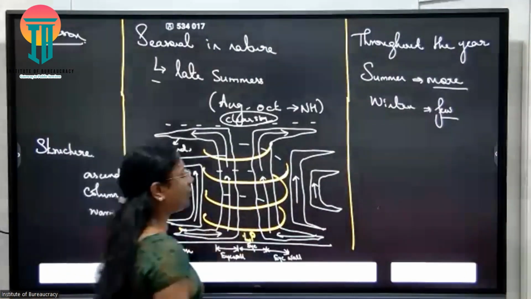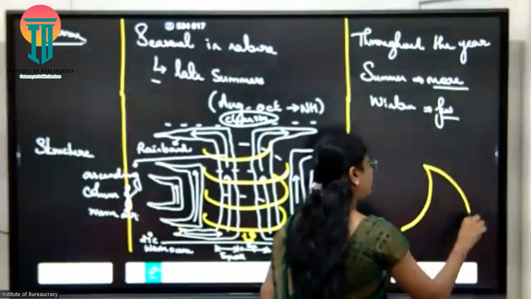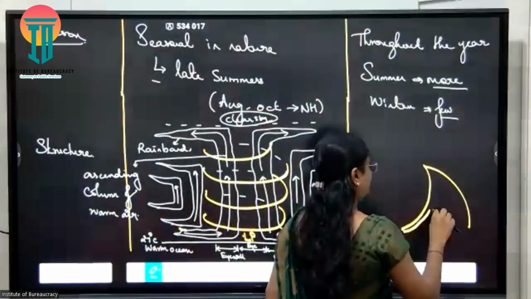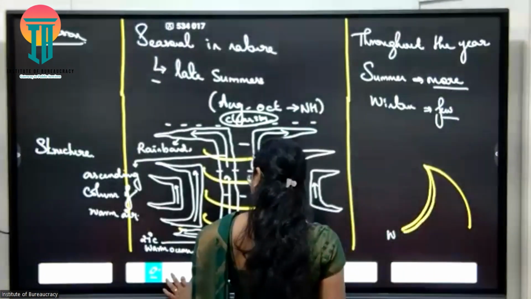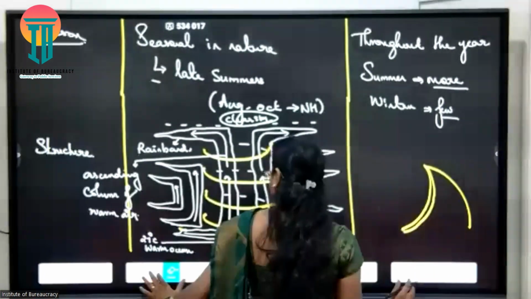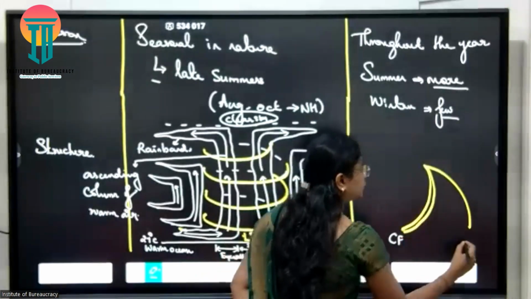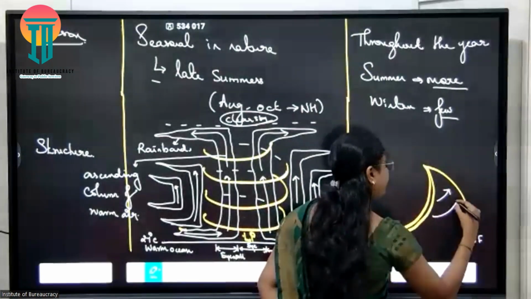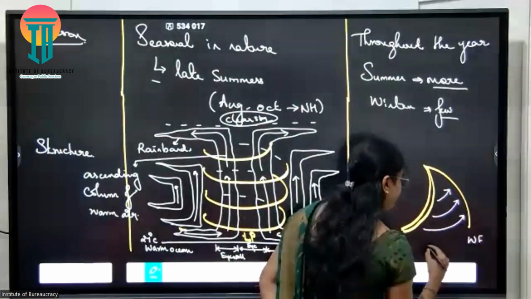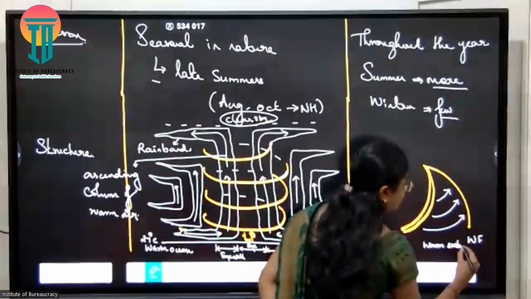And what about my temperate cyclone? Temperate cyclone is very simple. We have my warm front and cold front. Okay, so this is my cold front. Mature cyclone, so this is my cold front. This is my warm front. So this is my warm air, warm sector.